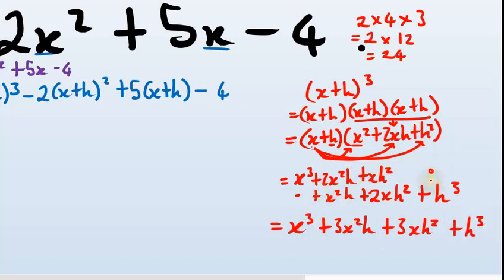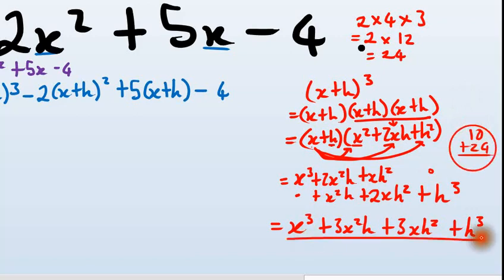I love this notation. 10 minus 24 is for the calculator. That is how you get the cubic thing. Right. It's worth the ride, trust me.